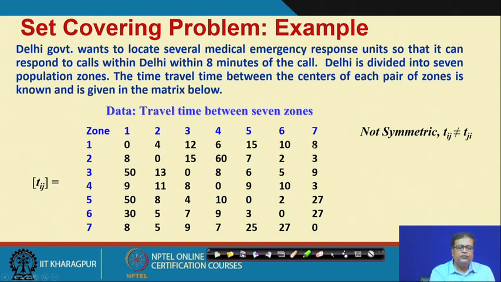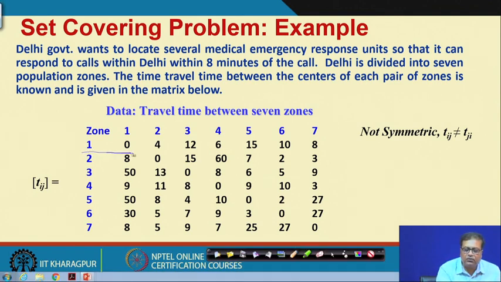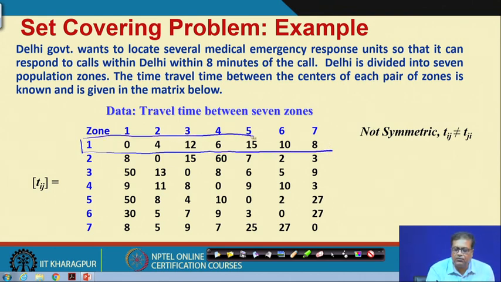So, you see, if I locate my team at zone 1, then what will happen? Look at zone 1, this is our zone 1. If I put my medical emergency team facility there, it can serve location 1, location 2, location 4 and location 7.